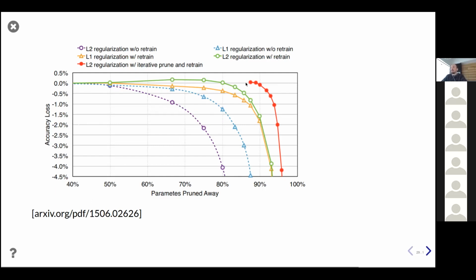And we can see that for this regularized iterative pruning, which is this red curve over here, you can prune away over 90% of your model and you just have an accuracy drop of 0.5% or something like that. So this looked very nice.